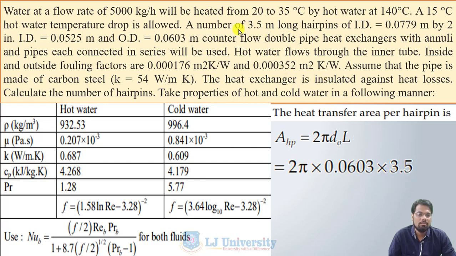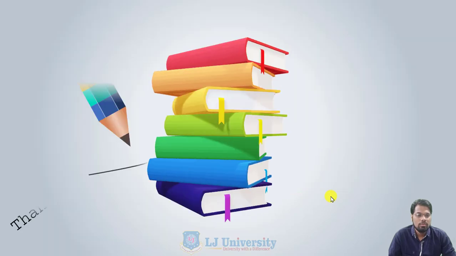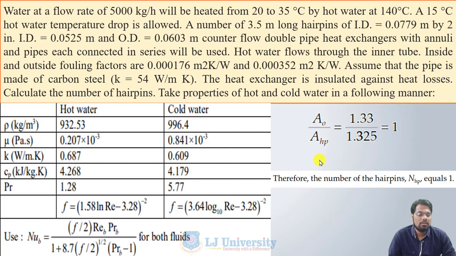Here it is mentioned that the hairpins are 3.5 meter long. So the area provided by one hairpin is 1.325 meter square. The number of hairpins required is Ao, 1.33, divided by the area provided by one hairpin, 1.325, so the number of hairpins required is 1.